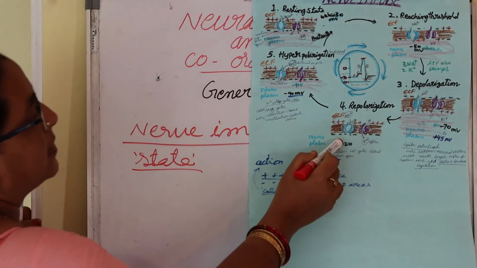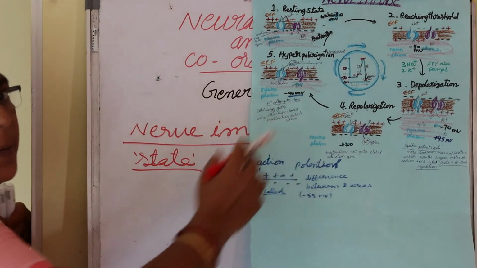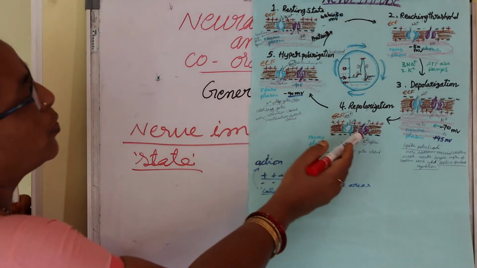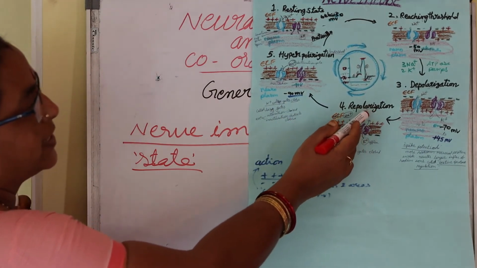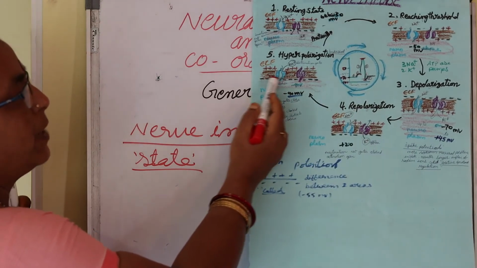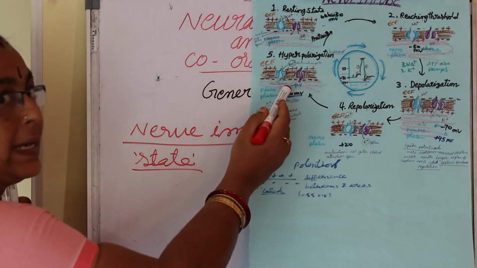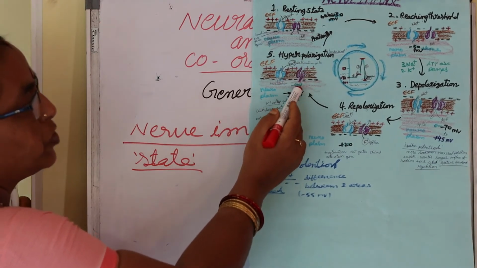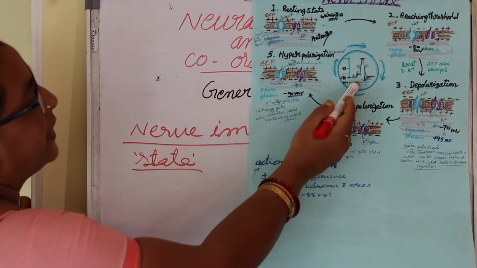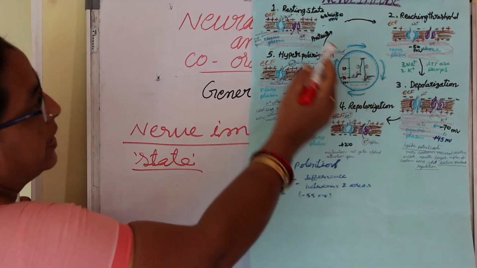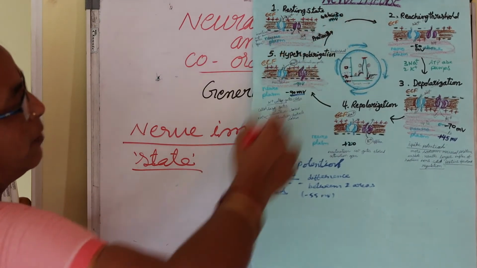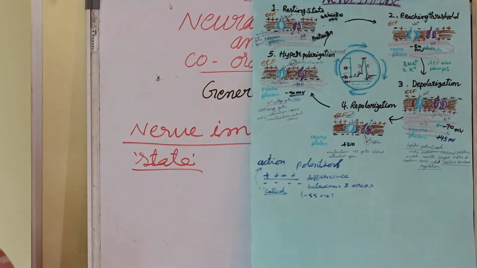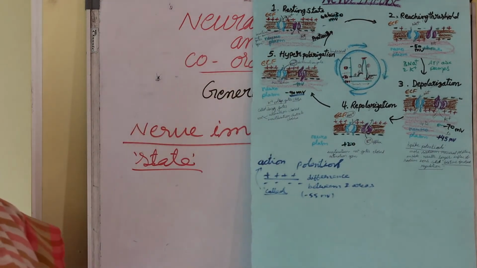After this state, again comes hyperpolarization. When it takes place, more K plus moves into the extracellular fluid, making the inside of the exoplasm more negative, reaching minus 90 millivolts. The resting state is minus 70, and going beyond that to minus 90 millivolts is the spike undershoot condition.